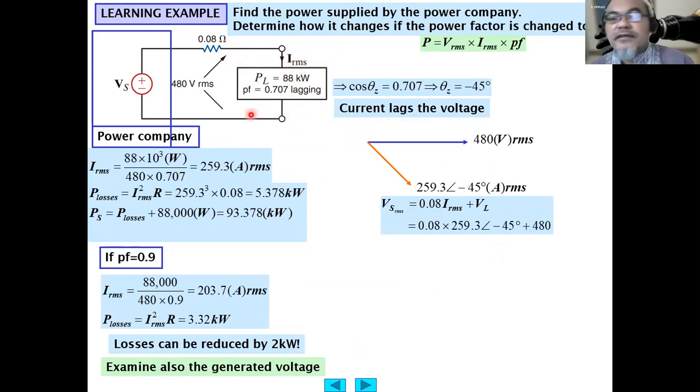So 0.08 times 259.3 with the phase angle of IRMS, minus 45 degrees, plus 480 of the load voltage.